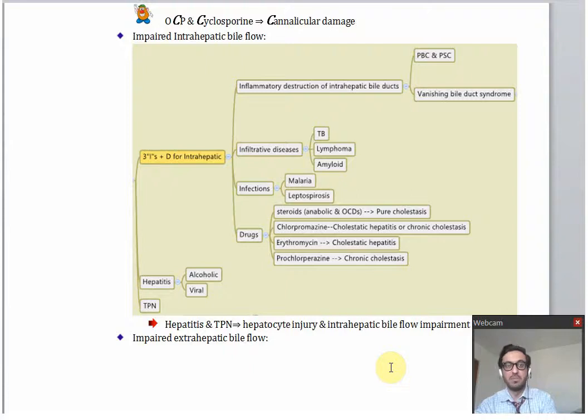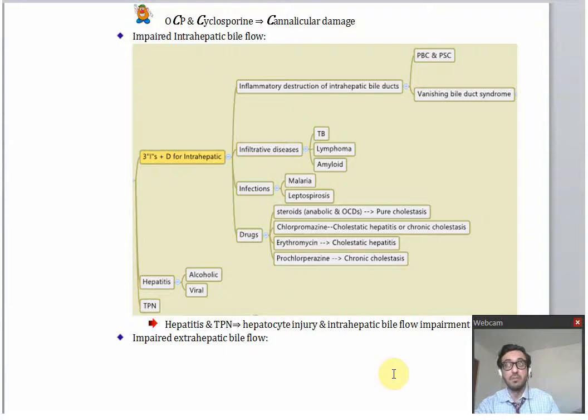I categorize them as 3 I's plus drugs. So inflammatory, infiltrative, infectious, plus drugs. What are the inflammatory conditions that impair intrahepatic bile flow? Well, conditions with inflammation resulting in destruction of intrahepatic bile ducts, primary biliary cirrhosis and primary sclerosing cholangitis.